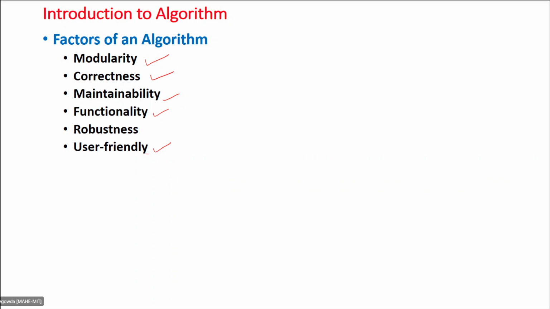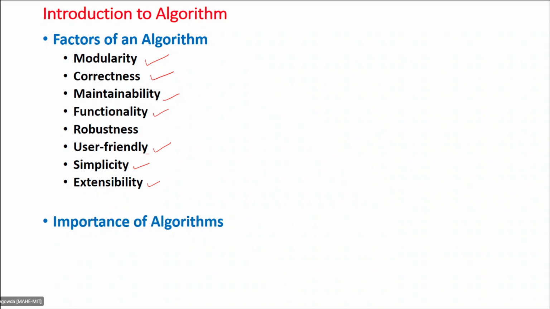If the algorithm is not user friendly, then the designer will not be able to explain it to the programmer. The next factor is simplicity. If the algorithm is simple, then it is easy to understand. The last factor is extensibility. If any other algorithm designer or programmer wants to use your algorithm, then it should be extensible.